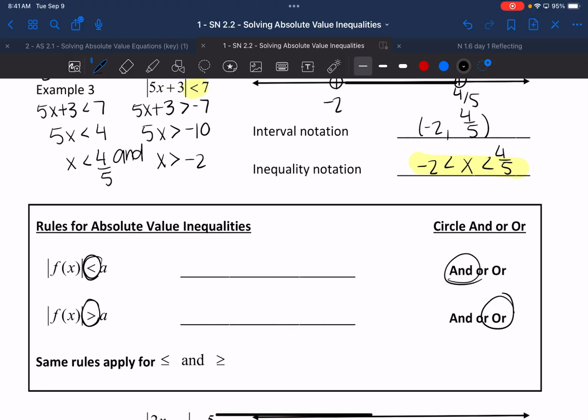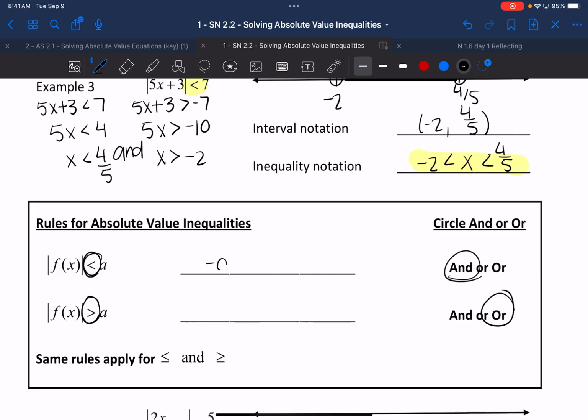Now, since they just said A, we don't really know what A is, but negative A is less than whatever our function is less than A, right, is how it would look for those and statements. And then like you guys were saying, 2 separate for our or statements. So it will be greater than A or less than negative A.